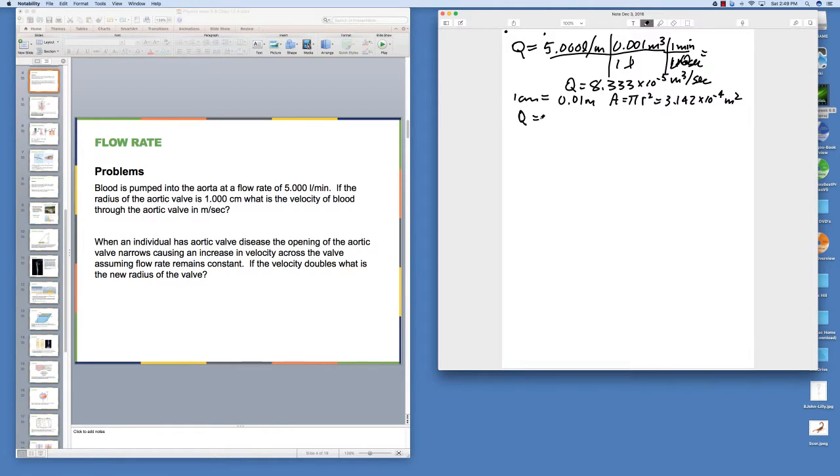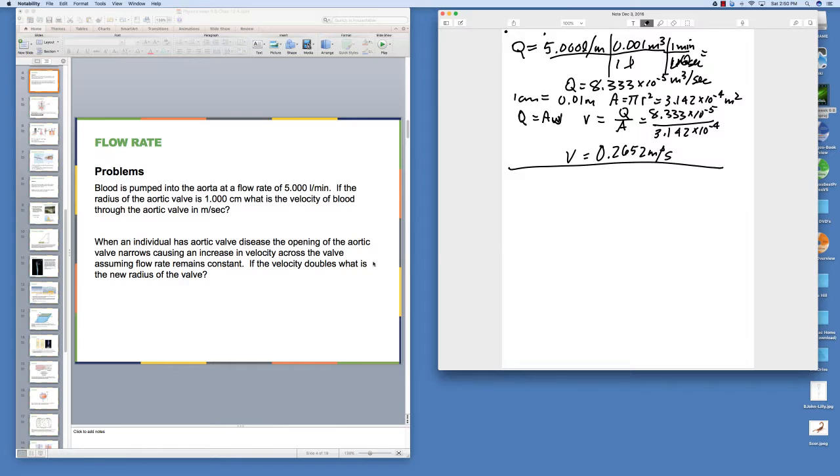Q is equal to AV, and so V is going to equal Q divided by A, which is equal to 8.333 times 10 to the minus 5 divided by 3.142 times 10 to the minus 4. And we get 0.2652 meters per second for the velocity of the flow. So that's the first problem.